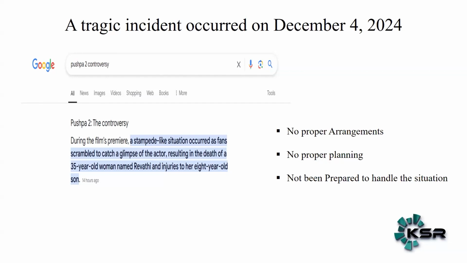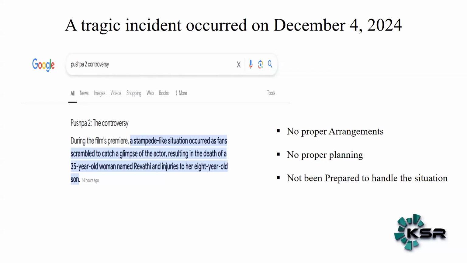It happened just a month back, on December 4th, and today is January 2nd. I've got you the latest information: he was arrested and released on bail. All these are stories, but the incident happened because they did not have proper arrangements, proper planning, and were not prepared to handle the situation.